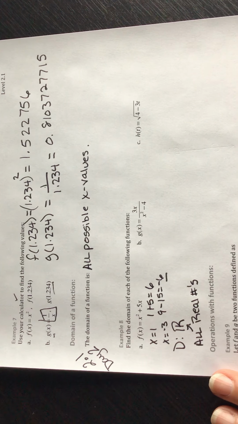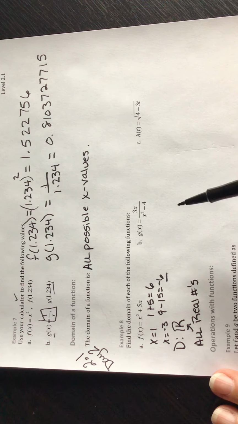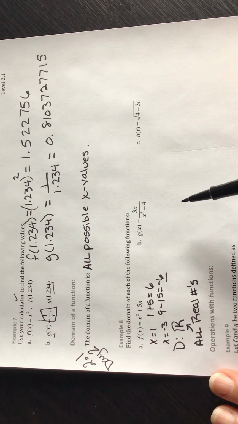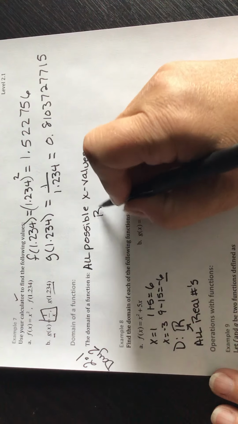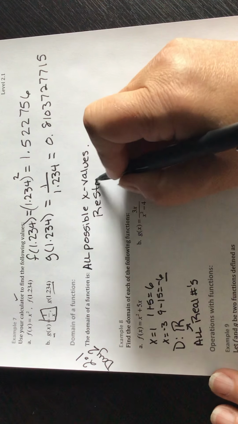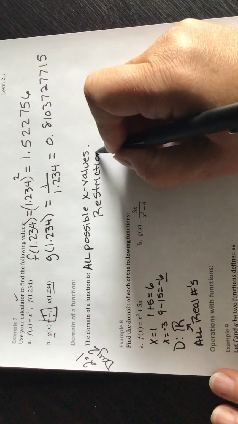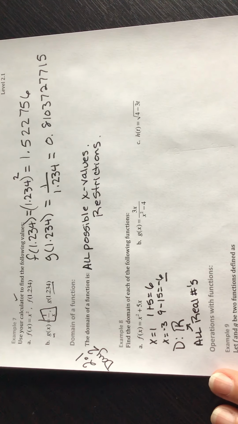But there are times when some values for x will not work in a function. And we call those restrictions. There's a couple of key things that we want to look for to find restrictions.